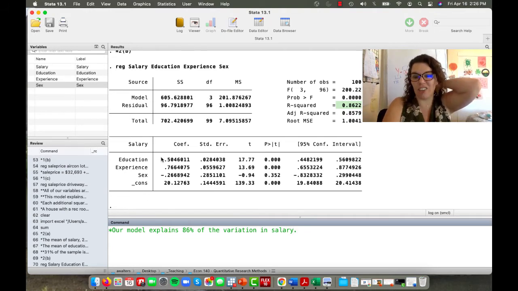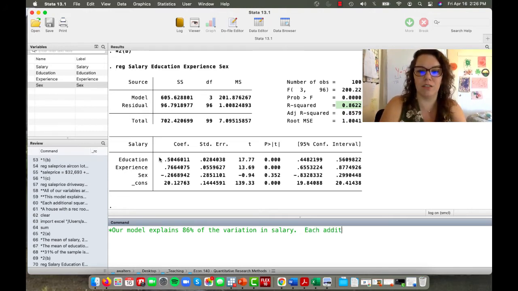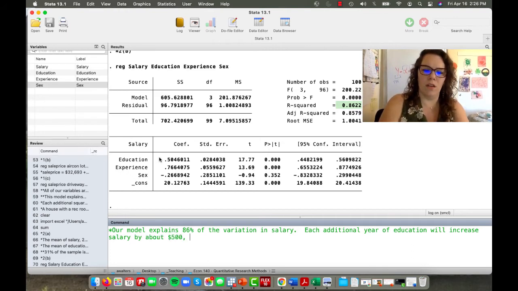Each additional year of education is going to tend to increase salary by about $500, holding experience and sex constant.